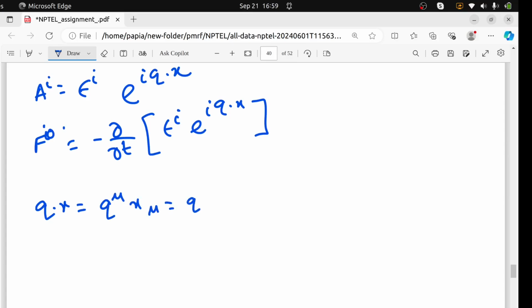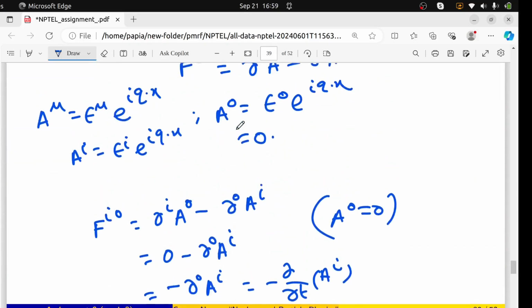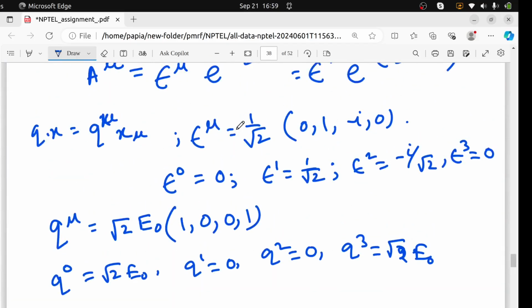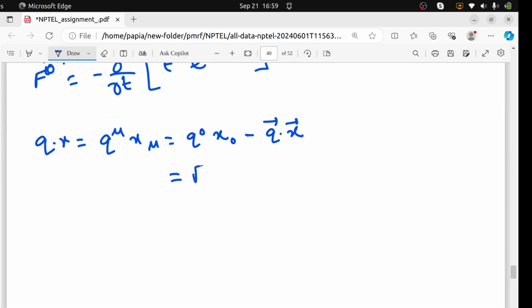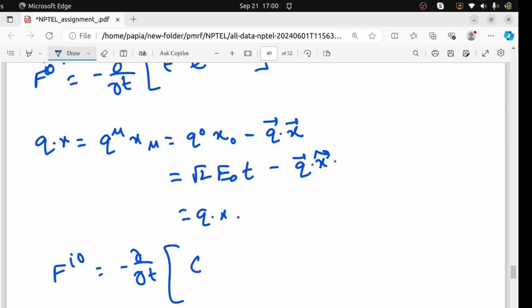It can be written as q0 x0 minus q vector dot x vector, right? Now q0 is how much? It is already given somewhere: q0 is root 2 E0. So let me write here root 2 E0 times t minus q vector dot x vector. This is again q dot x. So Fi0 is minus del t of epsilon i e to the power i q dot x.